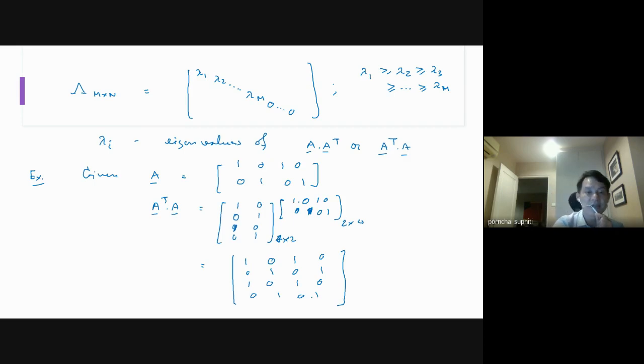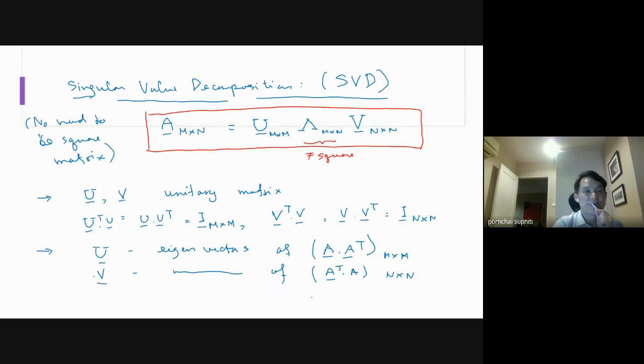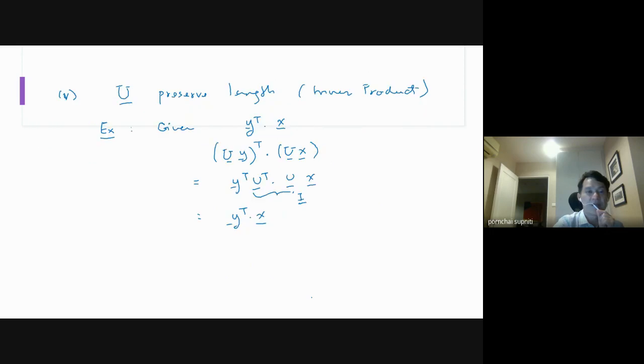So for this matrix, if you compute it using the previous method that we learned, we will find that we have four eigenvalues, which are 0, 0, 2, 2.